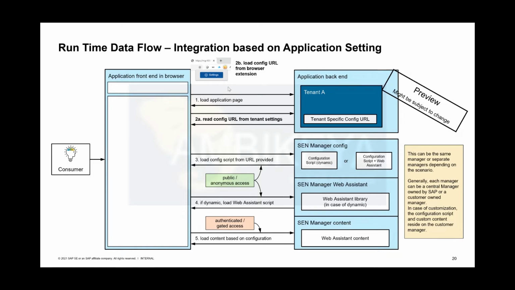And if we can't, we have another option, and the other option is the browser extension. How that works, I'm going to show you in a second. Then the configuration script from that particular URL is loaded. There are two ways, a dynamic way and a static way. We don't have to take care of that.